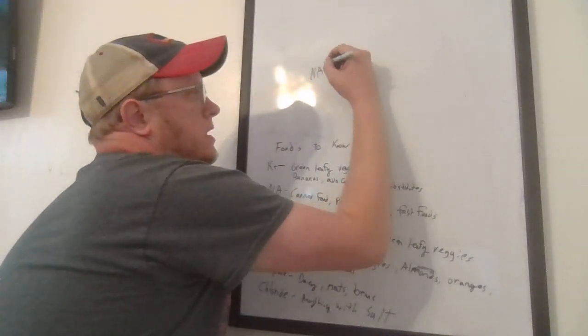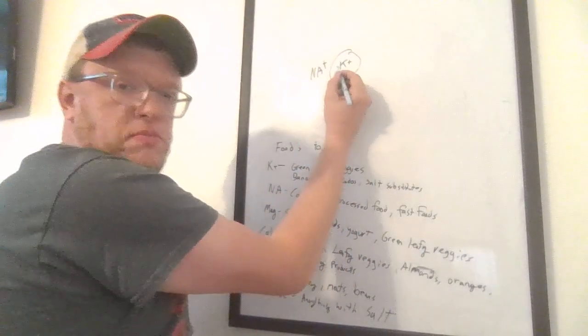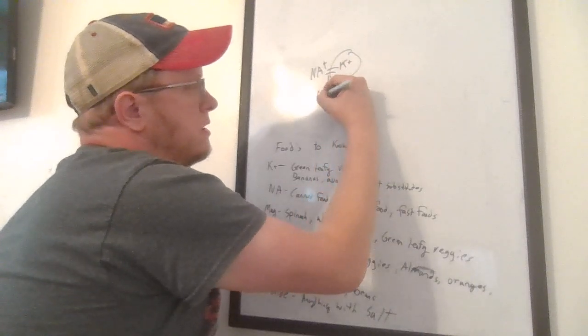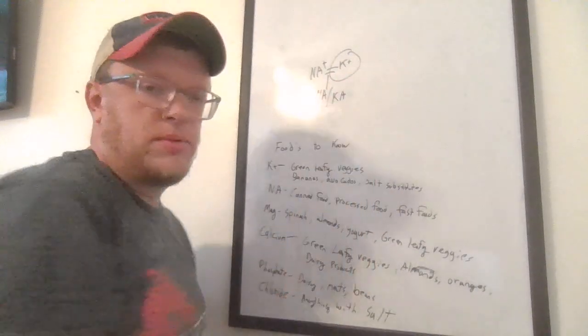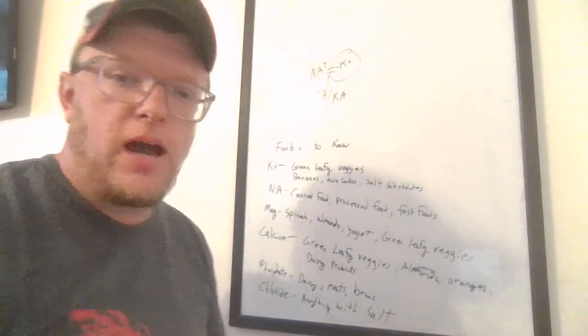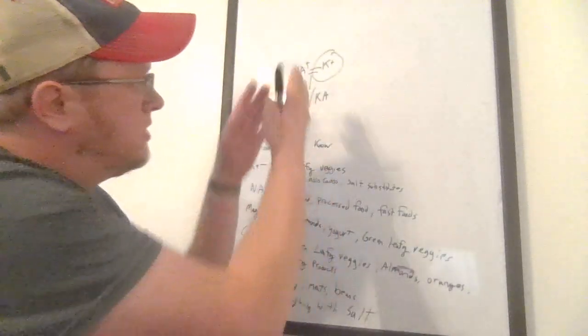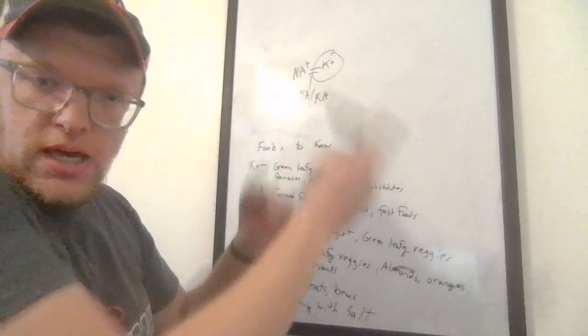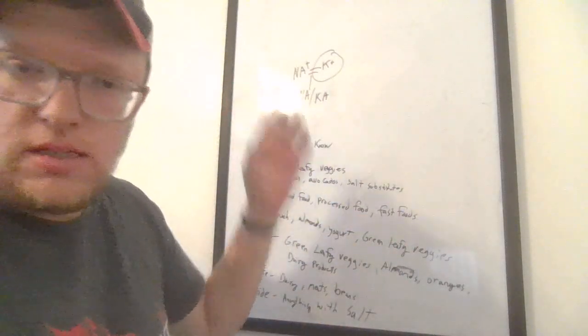Sodium lives on the outside of the cell. There's this mechanism, this thing called the sodium potassium pump. And this thing's got one job, and it is to keep sodium on the outside and potassium on the inside. It regulates that, and it keeps things in balance.